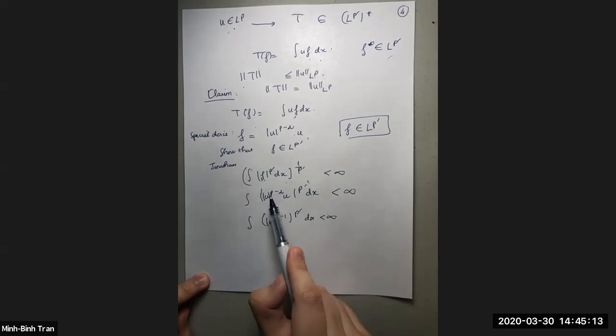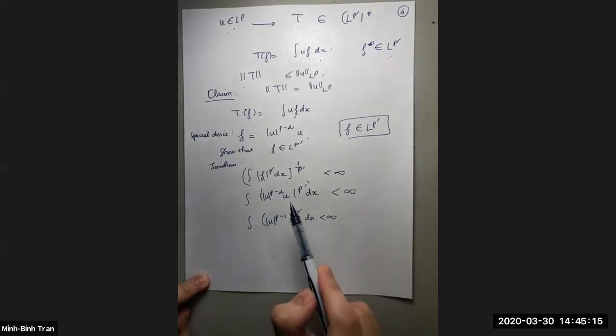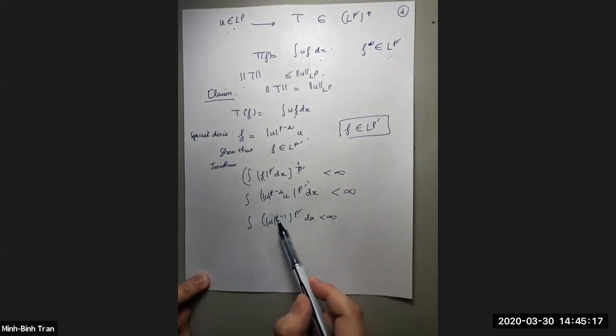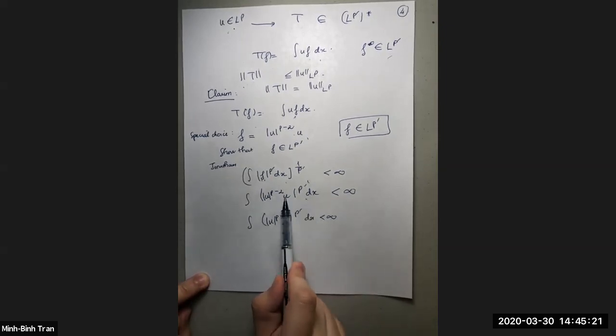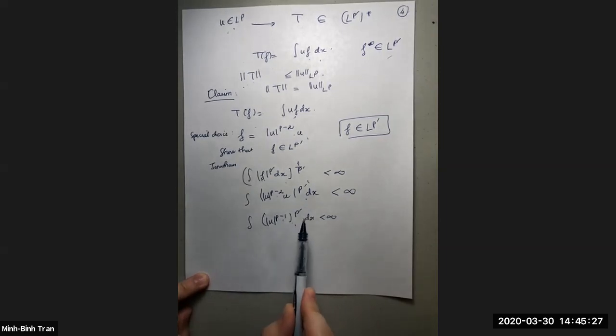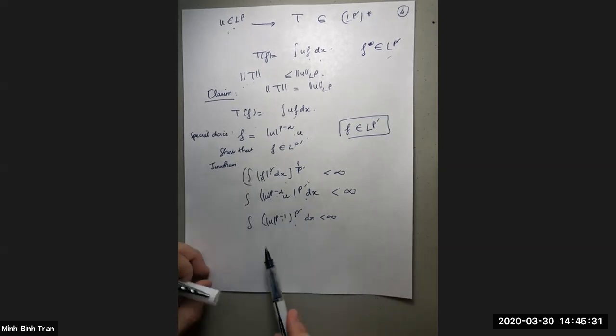So I replace f with |u|^(p-2) u. Because I take the absolute value outside, |u|^(p-2) u with absolute value will give me |u|^(p-1). And then I have to take the power p' outside. And I want to show that this is finite. Any suggestion how I show this inequality?